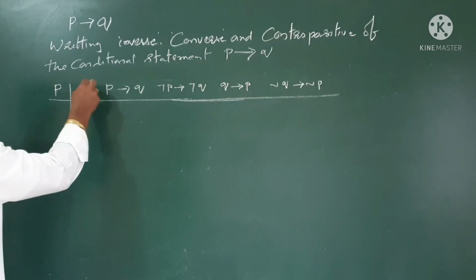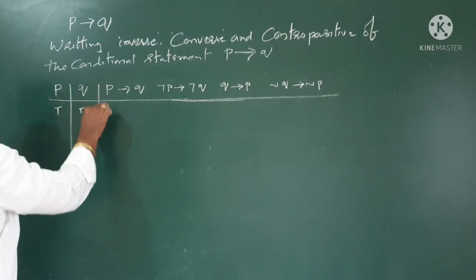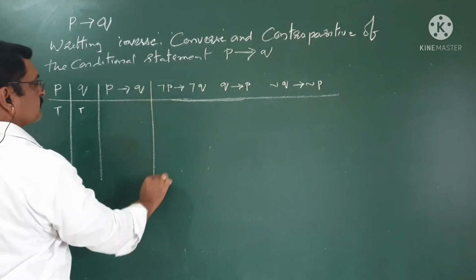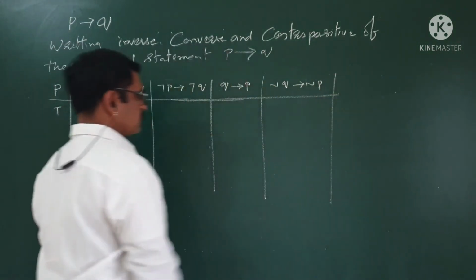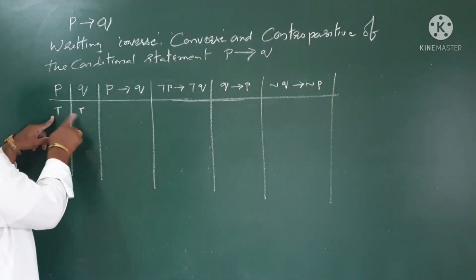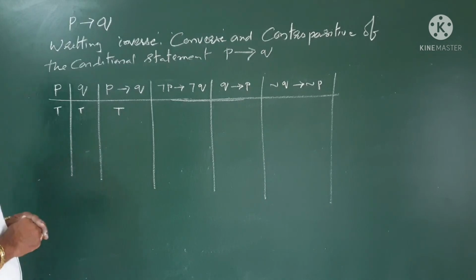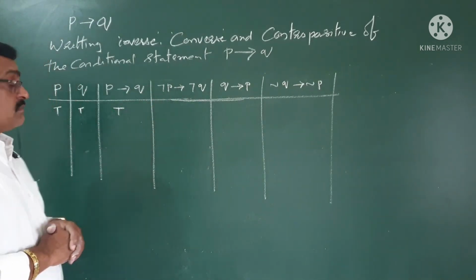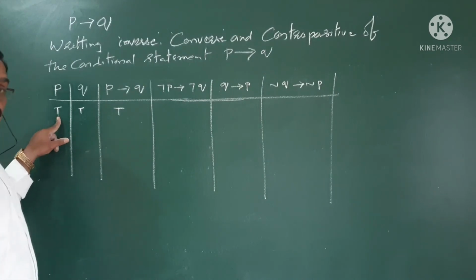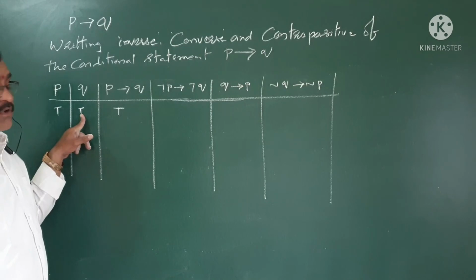As usual, first I take all the combinations of T and F. First, T and T. When both are true, obviously P implies Q is true. Negation of P implies negation of Q: negation of P is false, negation of Q is false.